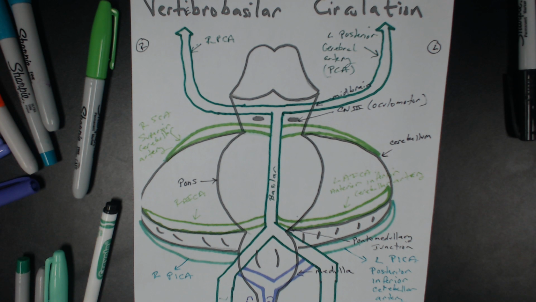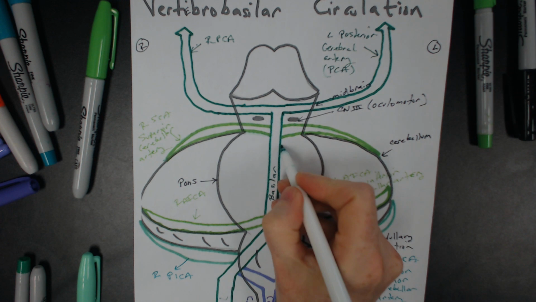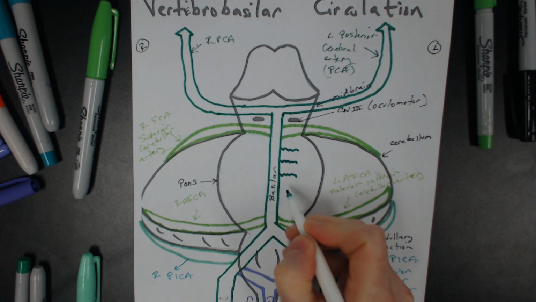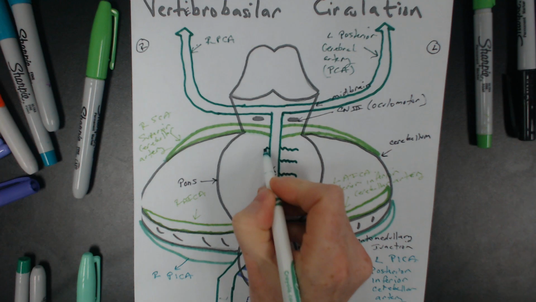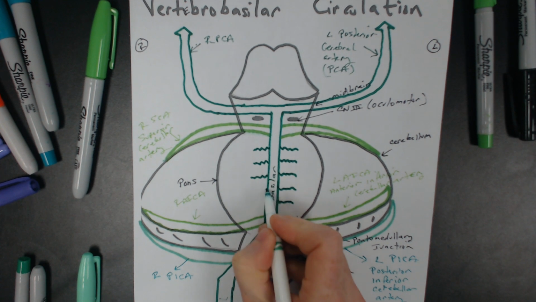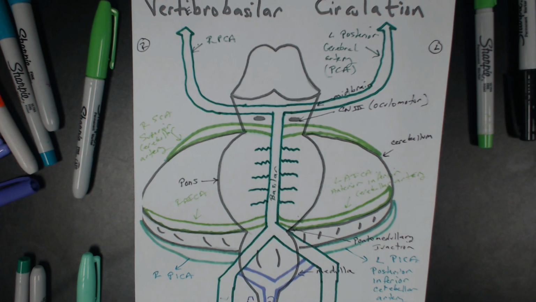There's also one other small little bunch of arteries, and these come off the basilar. It's not a major set of arteries that's going to supply a lot. These arteries just supply a little bit of the medial pons, and they're very small little branches coming off the basilar. But since they do supply the medial pons and can be disrupted and cause patient signs and symptoms, I like to talk about them.